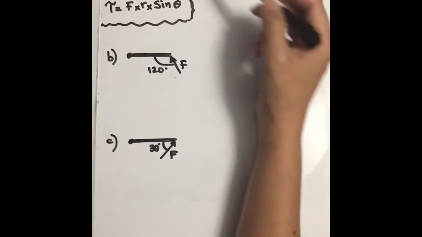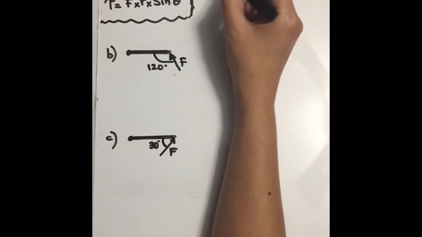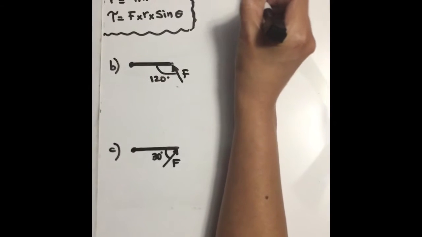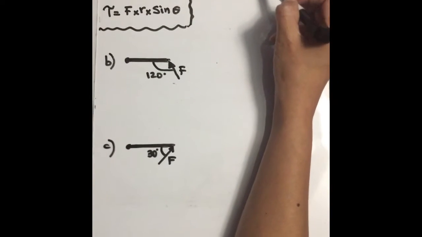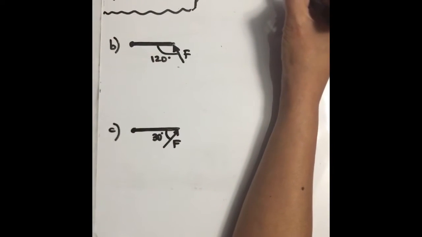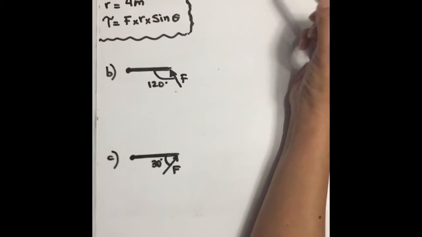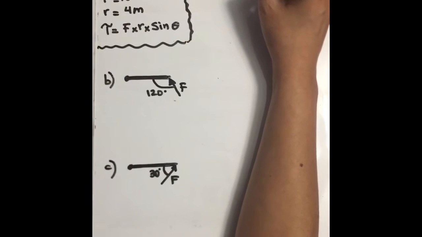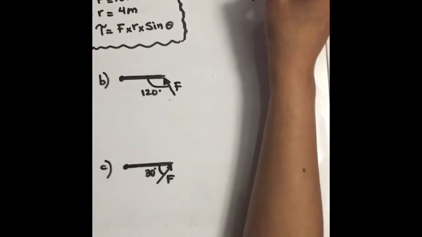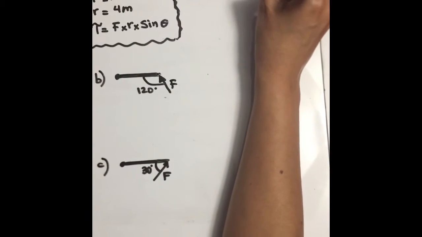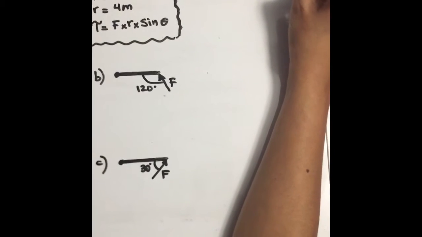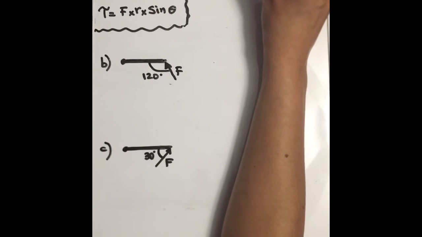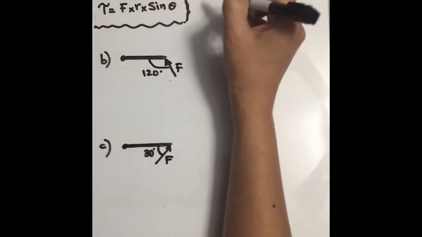So step number one, for part A: this is the hinge, this is the door, and this is the force applied to the door at an angle of 90 degrees. The first thing we're going to do is translate this force up here, and we put the x-axis over here. This angle over here is 90 degrees, so we can apply the formula.